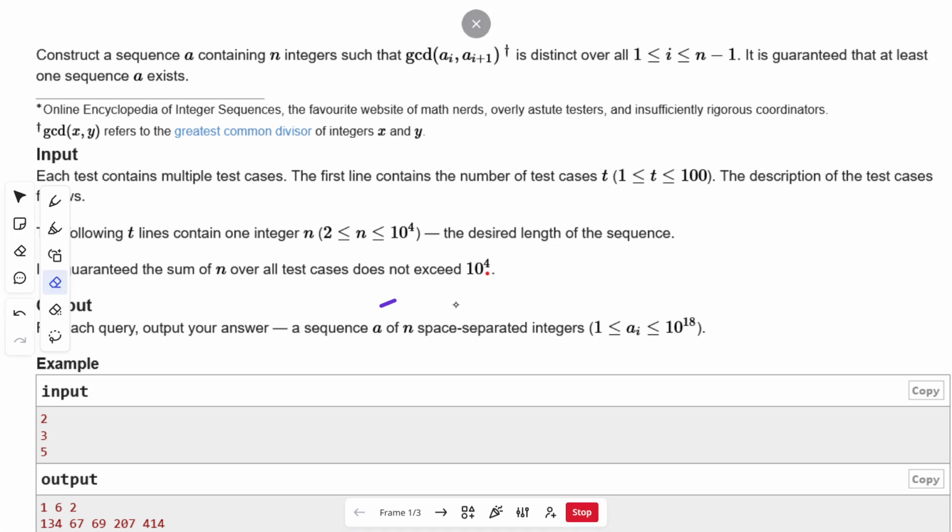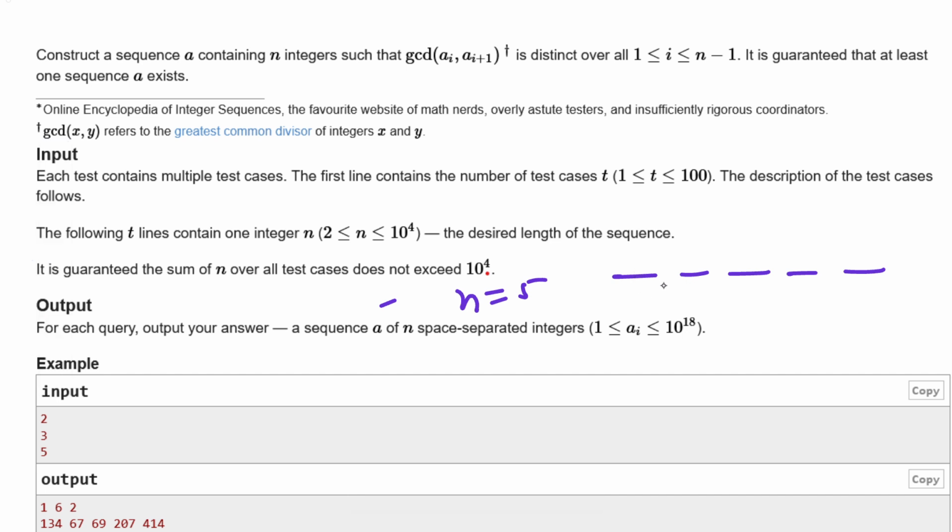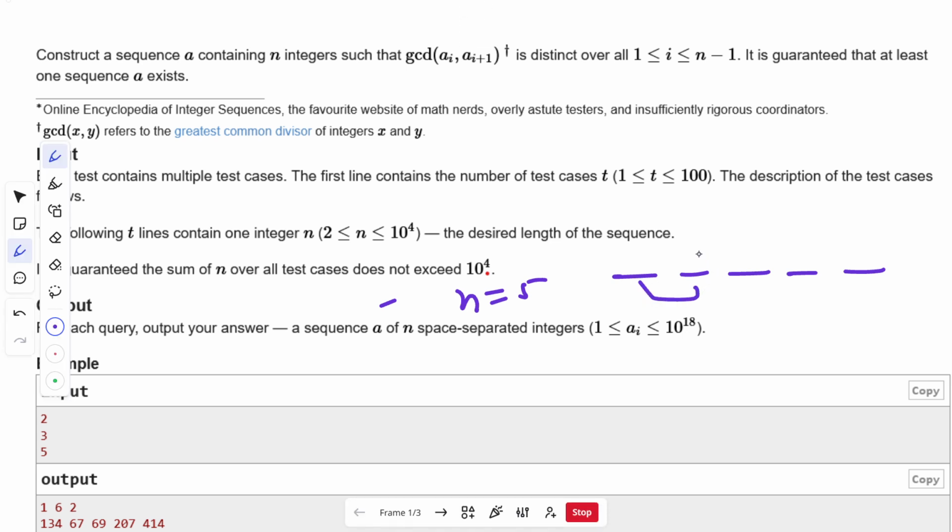If you are given n equal to 5, then you have to generate a sequence of 5 integers such that the GCDs of A1 and A2, and so on, are all distinct. How can we think about this?